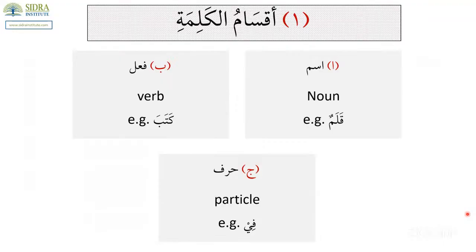And particles. What are particles? These are words that glue the sentence together. On themselves, they only express their full meaning when they are surrounded by other words. For example, min means from.